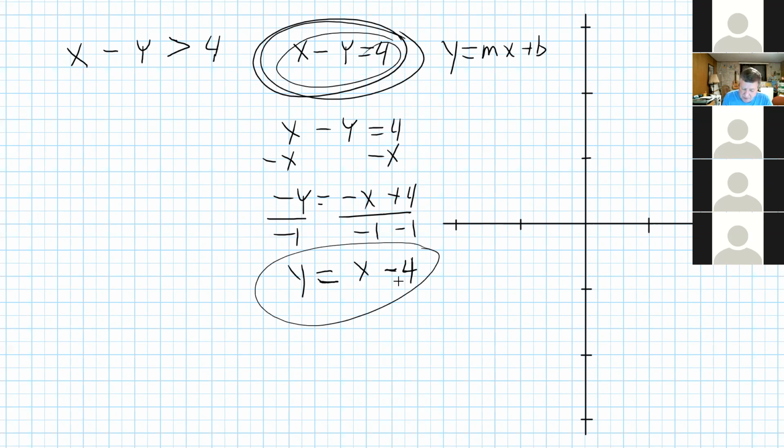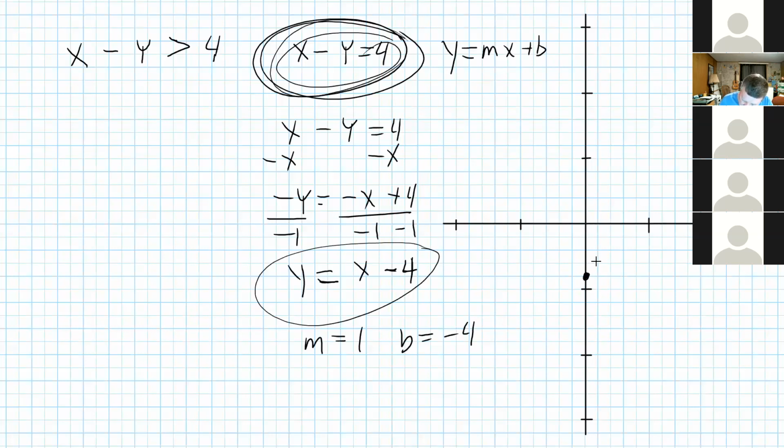All right. So slope-intercept form, what would the slope be? 1, correct. And the y-intercept? -4. All right. So now, if I was going to graph this equation, I would start at a y-intercept of -4.